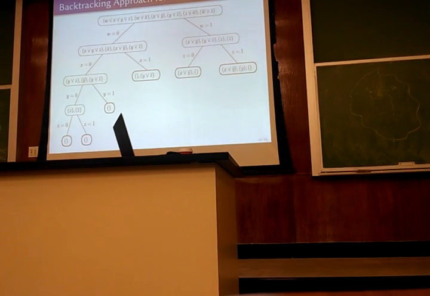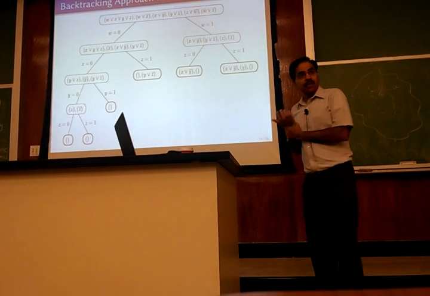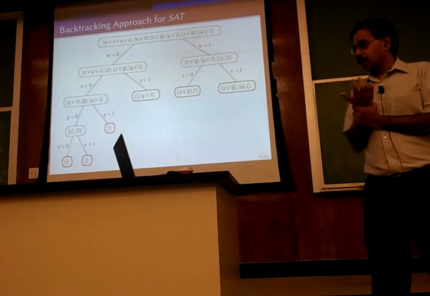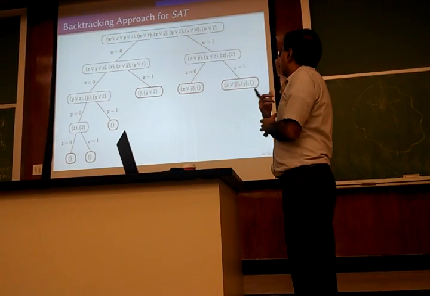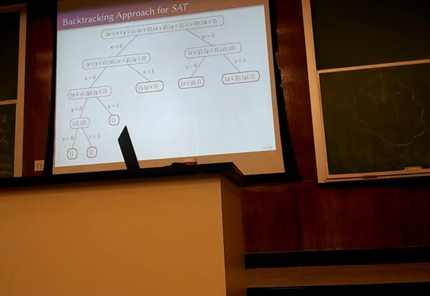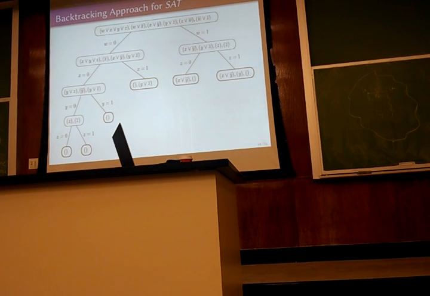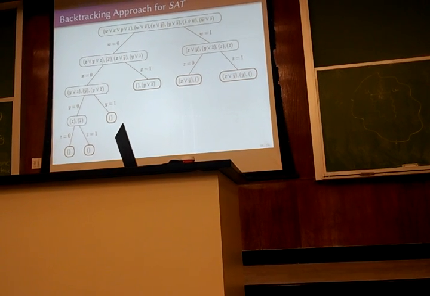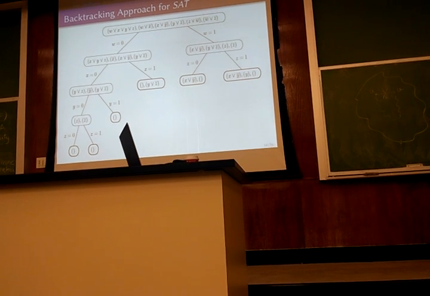So at the root, let's say, for whatever reason, we chose W, okay? So the left branch explores the set of solutions where W is equal to 0, and the right branch is going to explore a set of solutions where W equals 1, okay?